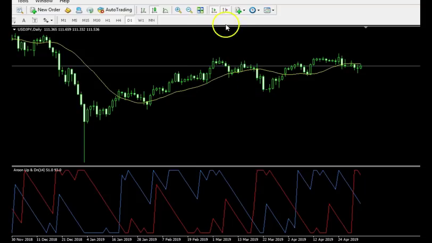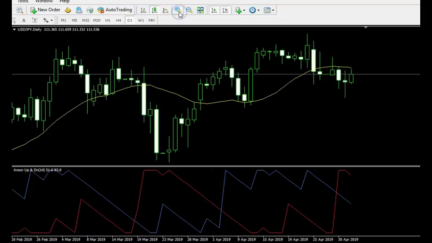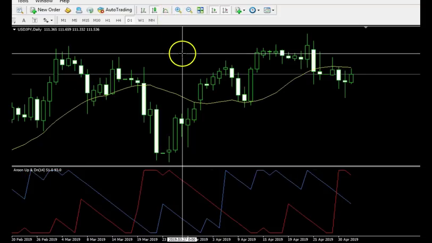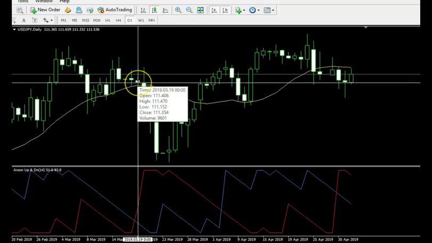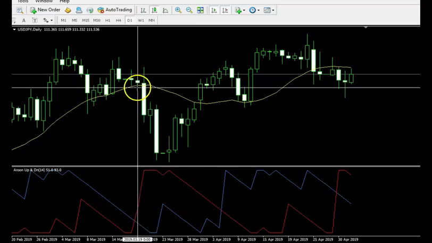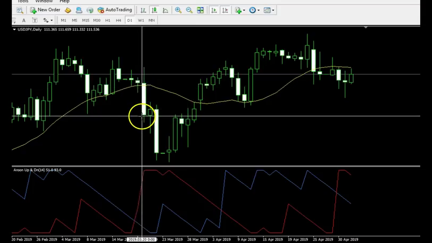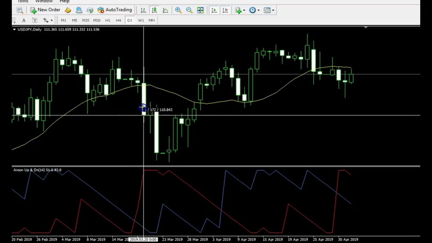Let's actually zoom in and take a look at this. Right here, to where your baseline didn't say get in until right here. That's a pretty big difference. I mean, you probably want those 66 pips, right?